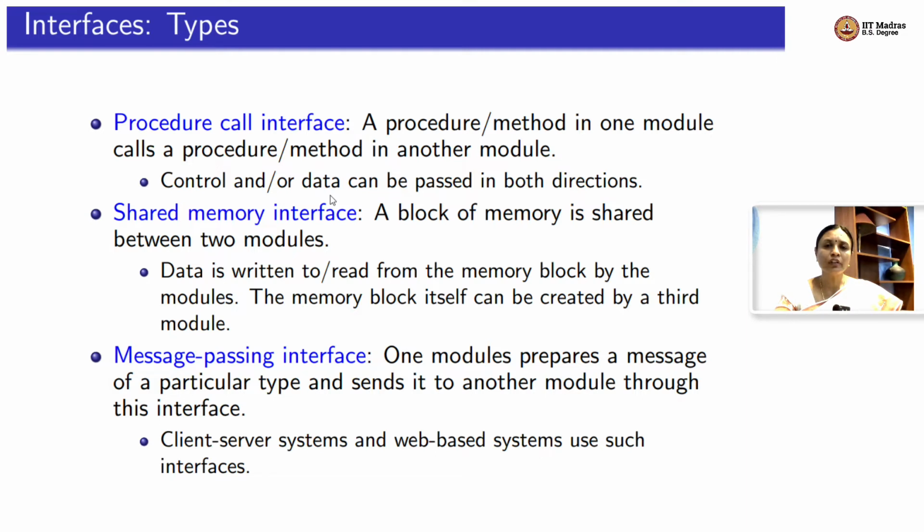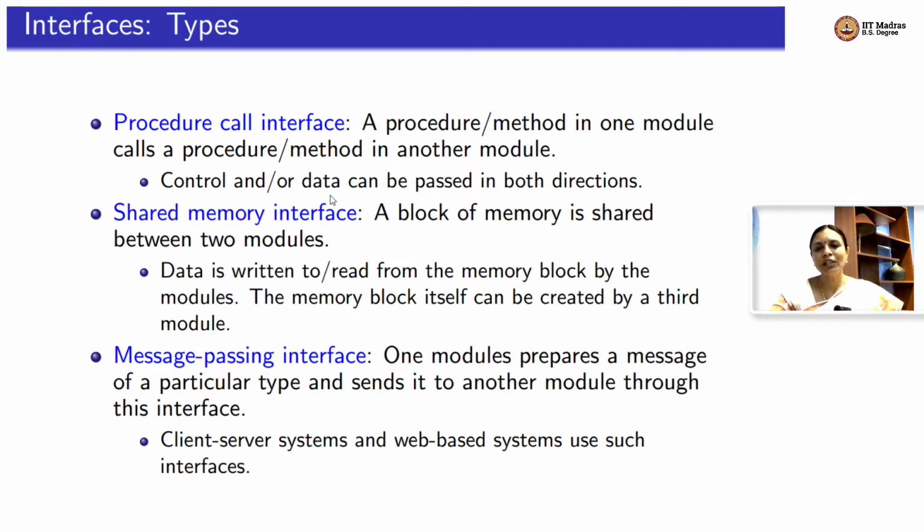The third kind of interface that you can see is message passing interface, where there are dedicated buffers or queues or channels between two modules. One module puts data or messages to be sent across the buffer, on the queue or in the interface, and the other module, when it's ready, picks up the data at the other end of the queue or the interface.